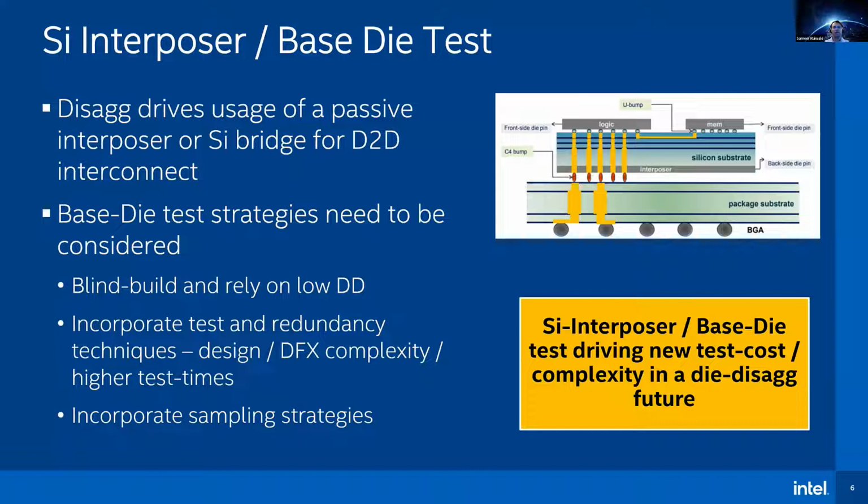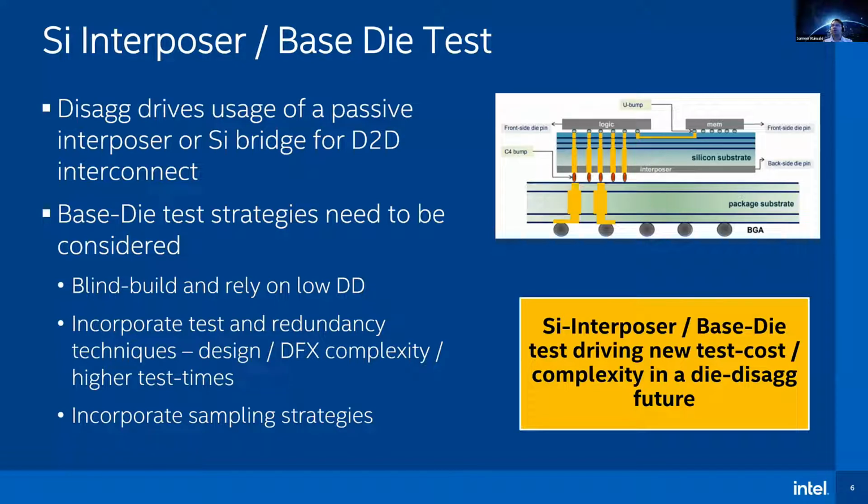And again, disaggregation drives the usage of this base die, this substrate for either the die-to-die connections between the die or die-to-package connections. And we have to consider test strategies for these base die. Do we test them? What are the different upsides or downsides of testing base die?